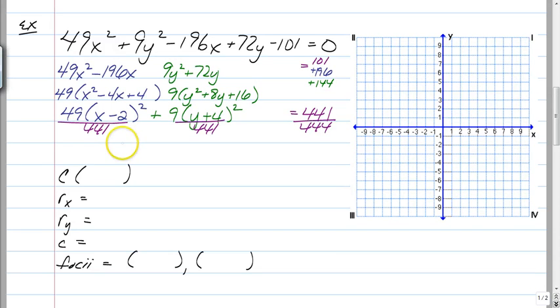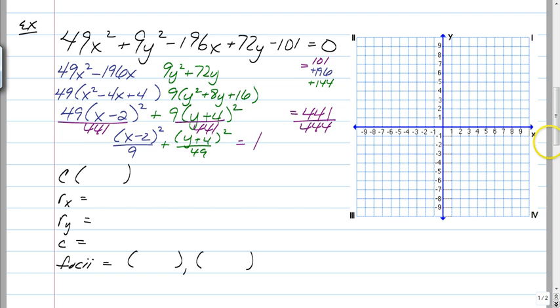So this is now going to look like this: x minus 2 squared over 9 plus 9 divided by 441 is 1 over 49, so this is y plus 4 squared over 49. And now we're equal to 1.